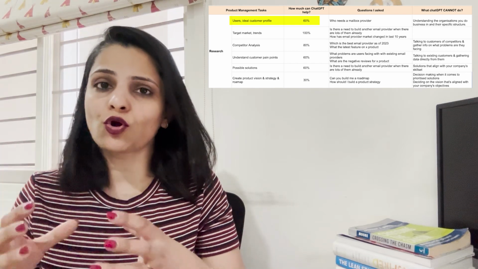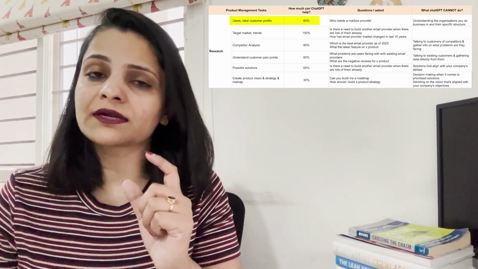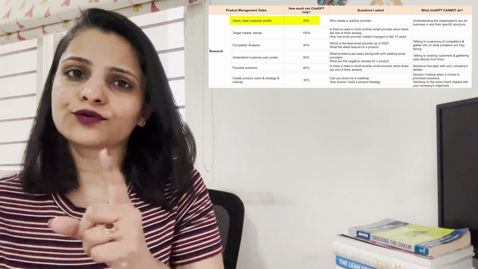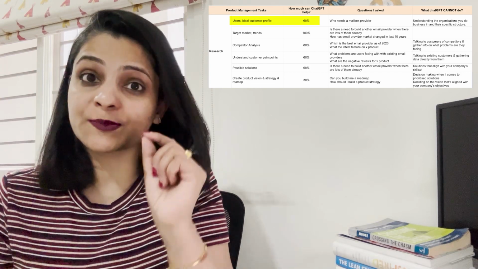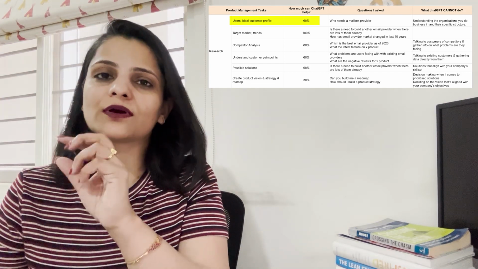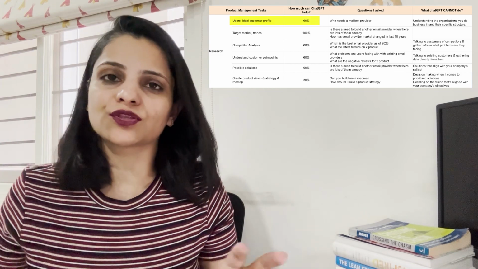So if you get the context, 60% of answers you can get from this tool, but 40% you will still have to utilize the knowledge that you have for your organization, which is specific to your needs. So that's what I mean by that 60-40 rule in researching the users.